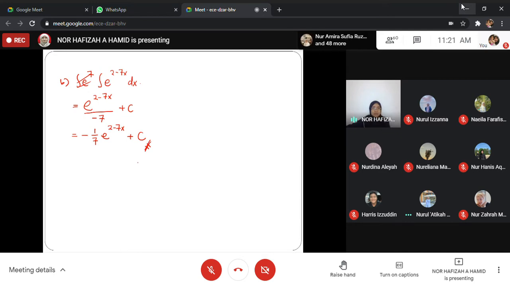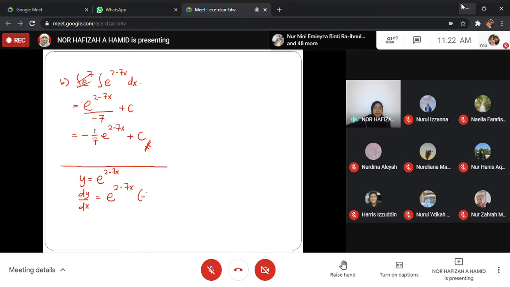Okay, so ini for B. Sama juga kalau saya compare dengan differentiation. Contoh you have y, so saya take the same function y equals e to the power of 2 minus 7x. Okay, so kalau saya nak differentiate dy over dx, formula dia nanti you akan dapat, first you akan copy e to the power of 2 minus 7x, lepas tu you need to differentiate 2 minus 7x dapat negative 7.